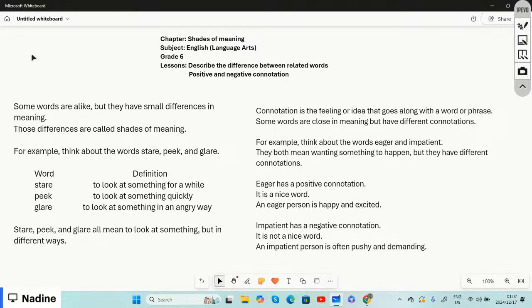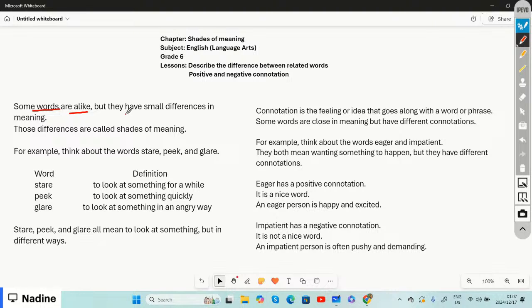All right. And if we look at a few examples of shades of meaning, like we said, it is words that are alike, because we can use these words to also describe something else, but they have slight differences, small differences in meanings.